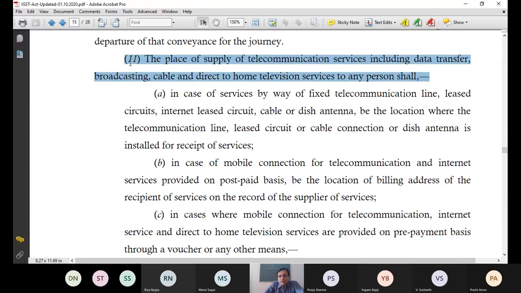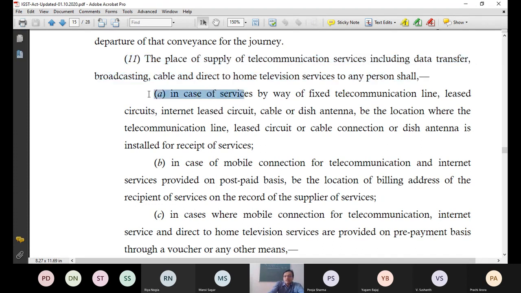Place of supply of telecommunication services including data transfer, including, that means other than these also, anything can be telecommunication if it fits the definition of section 2. Broadcasting, cable, direct to home, Tata Sky, Airtel, television services to any person shall. Clause A gives you the case of landline, in case of services by way of fixed landline.